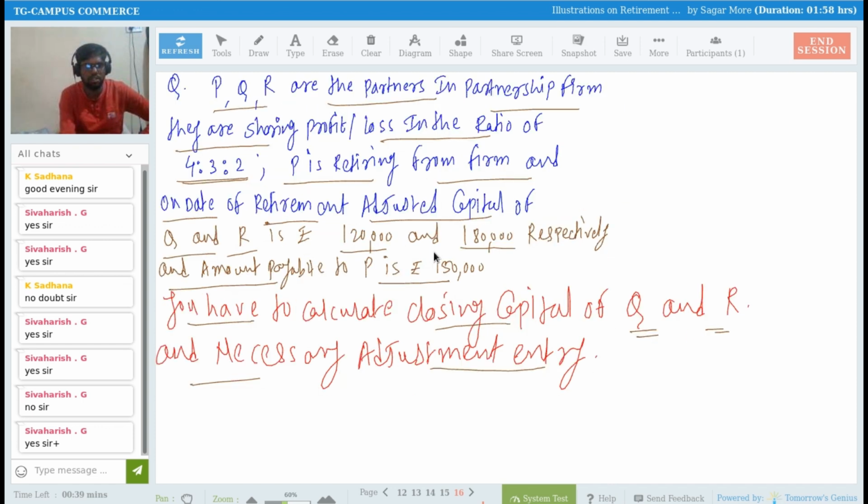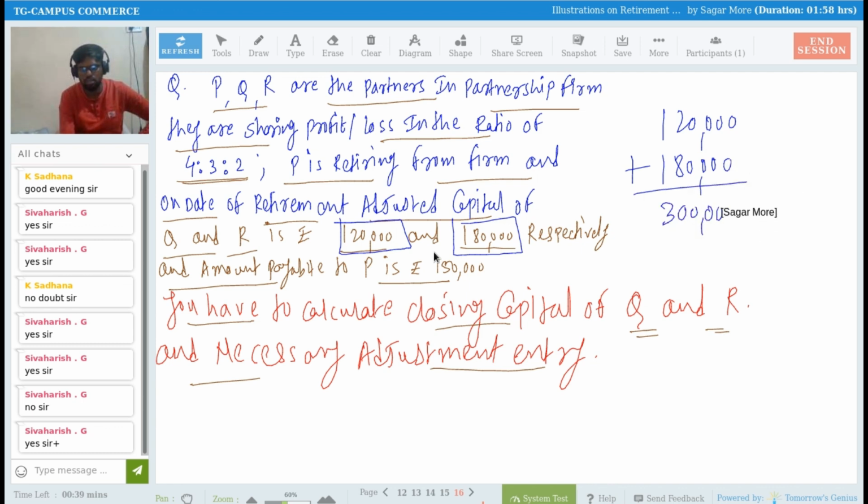If it is case number 2, simply I need to focus on the existing adjusted capital of Q and R. It is 120 and 180, right? So 1,20,000 rupees plus 1,80,000 rupees. So total is how much, Sadhana? 3 lakh rupees.